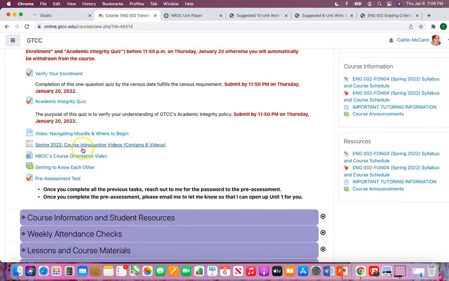And then once you've completed all of these tasks, I want you to understand that I can see every single click you make in Moodle. So more often than not, I know by looking at your Moodle activity whether or not you've done everything you need to do.